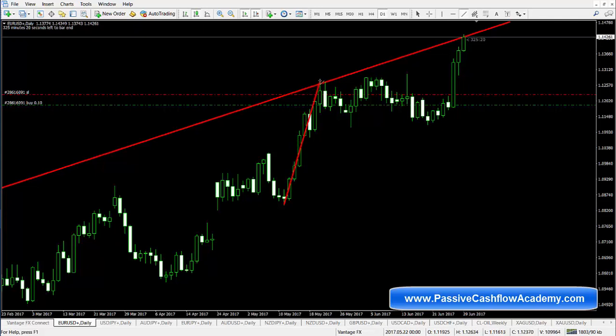As you can see, we have a kind of a flag here. I draw it this way. I don't know, people are different, everybody draws it different. It's a very long flag, but as you can see, we have a triangle here and we have this pole of the flag.